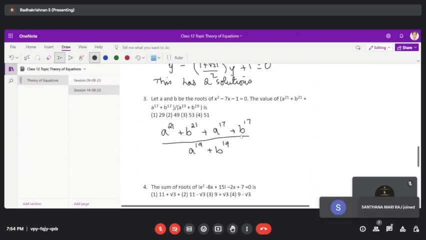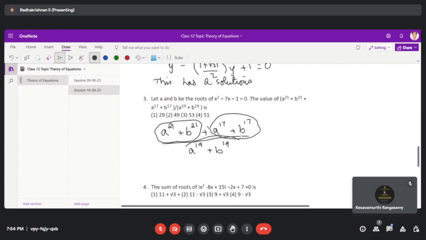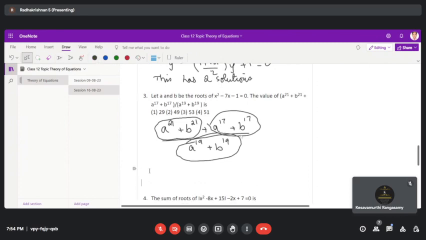One way is from a plus b and ab, we can determine all that, but this is very cumbersome. But there is a shorter method, so I'm going to tell the shorter method. In another problem, I will tell you how we can determine all that, a power n plus b power n.